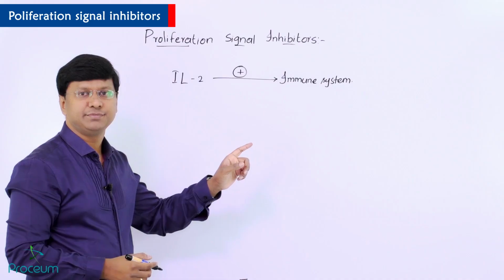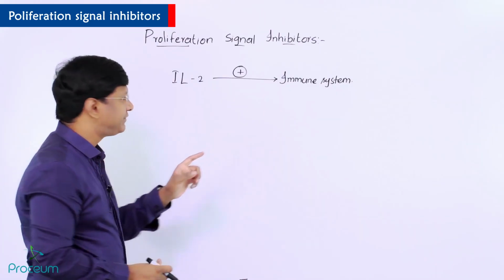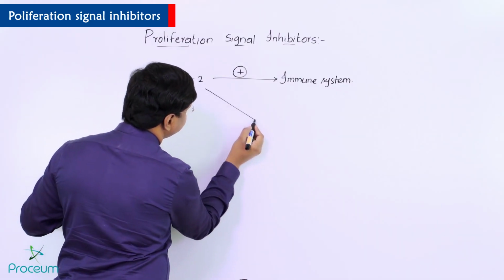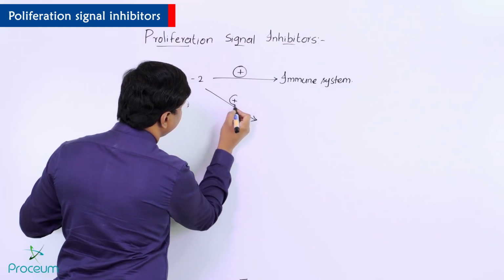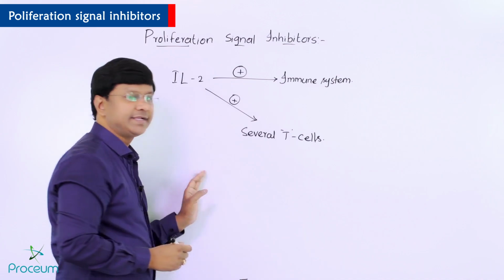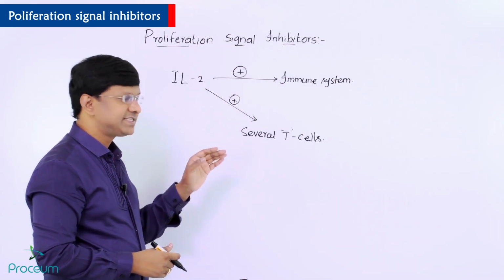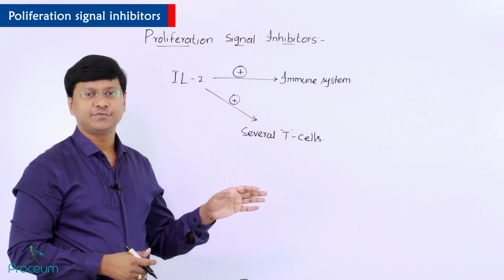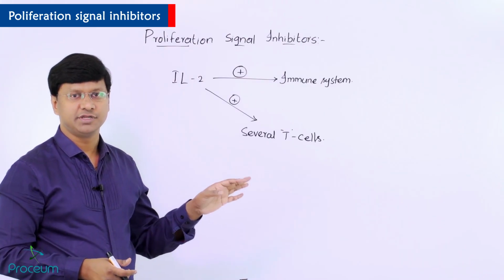By activating several T lymphocytes. The T lymphocytes are involved in cell mediated immunity. B lymphocytes are involved in humoral immunity.